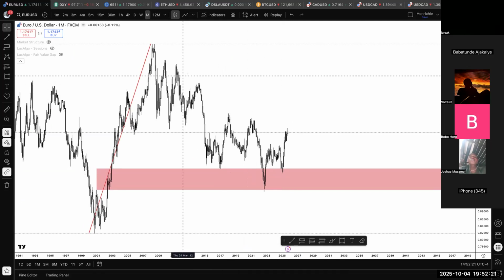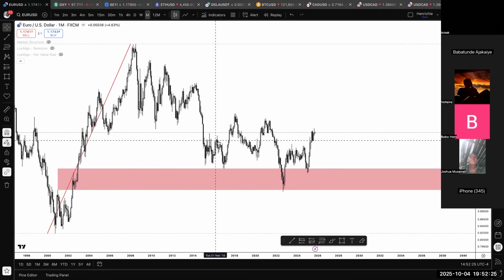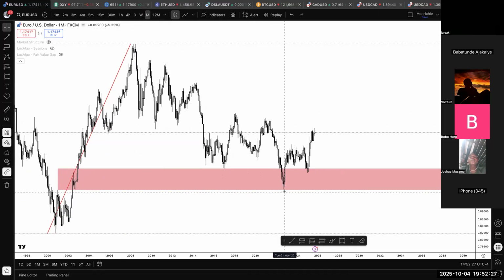So the market will be in a downtrend in the short-term perspective to hit that level. What you are looking for is a daily break of structure.